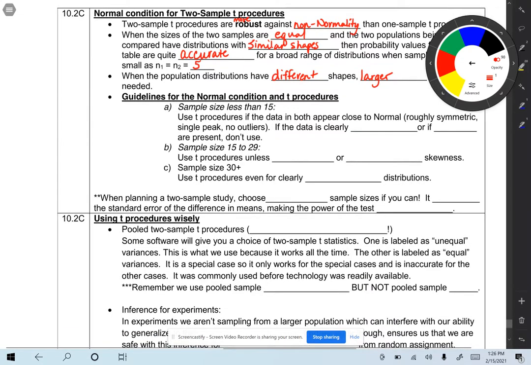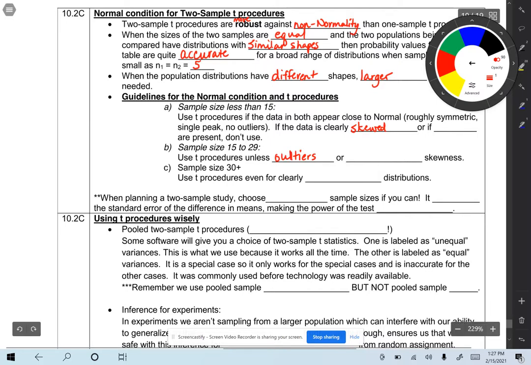For the guidelines, if the sample size is less than 15, use t-procedures if the data in both groups appear close to normal; if the data is clearly skewed, or if outliers are present, don't use them. For sample sizes 15 to 29, use t-procedures unless outliers are present or there's strong skewness.